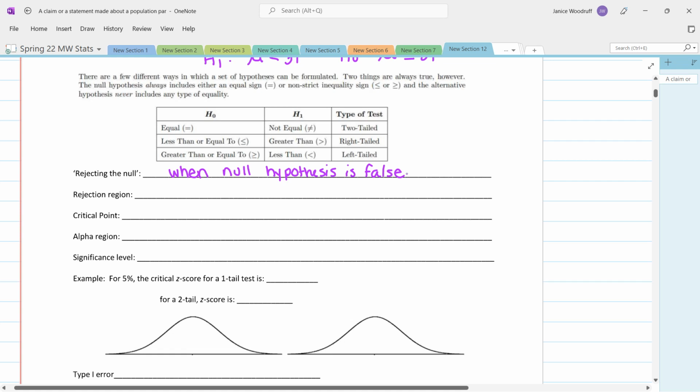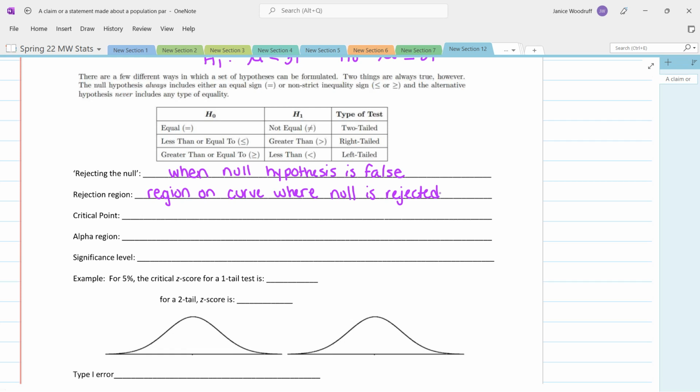Okay, the rejection region is the region where the null is rejected on the curve. Critical point, that's going to be a z or a t value that, either above or below that value, will cause rejection.